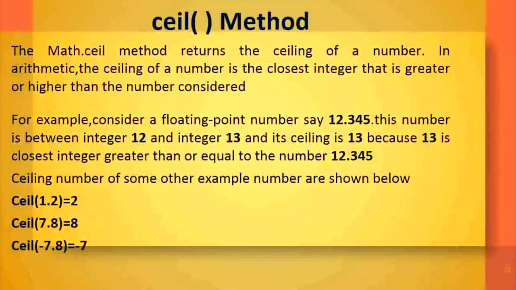Consider some other examples shown below. Ceil 1.2, the answer will be 2, because it is the closest greater integer. Ceil 7.8 is equal to 8. Ceil minus 7.8 is equal to minus 7, because the third one has a negative number, so the answer will be the closest greater number, that is minus 7.